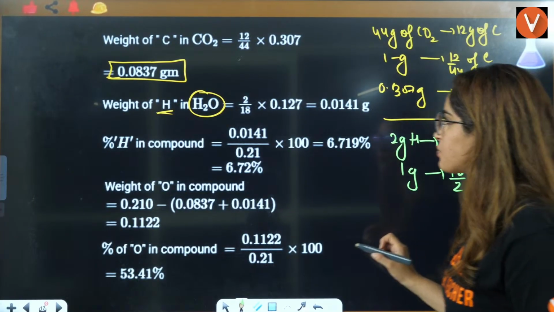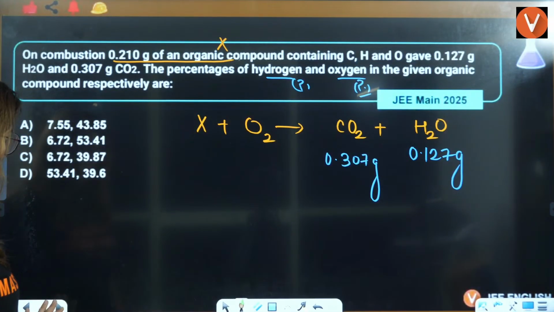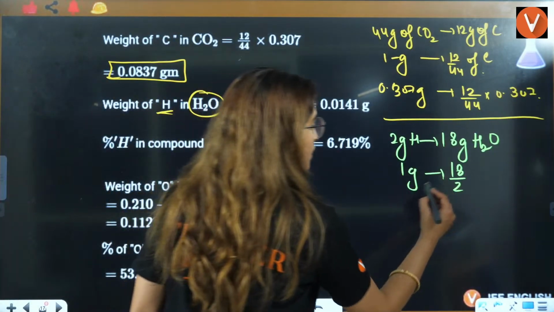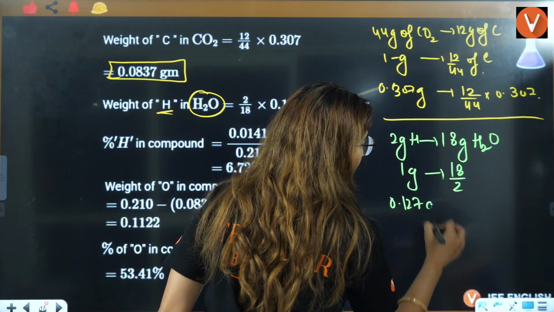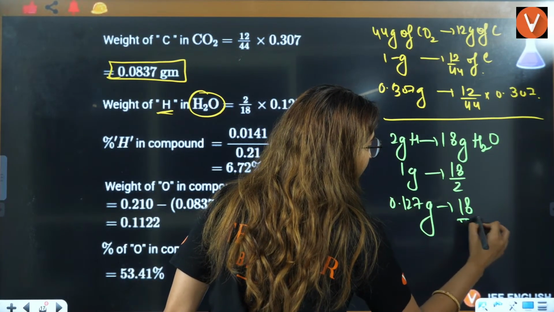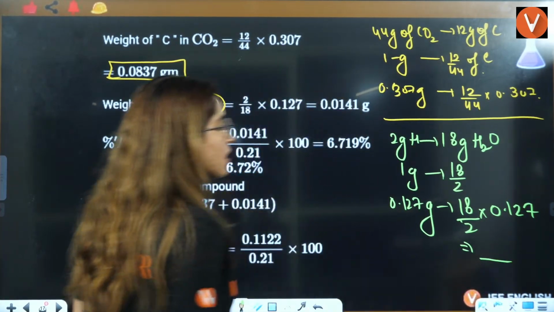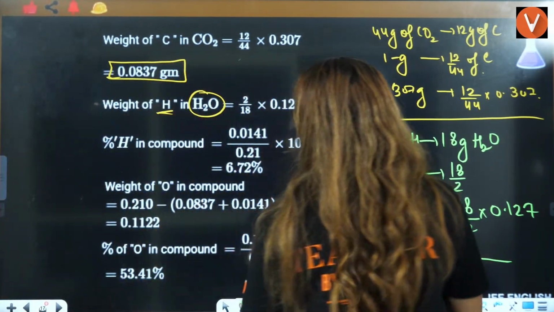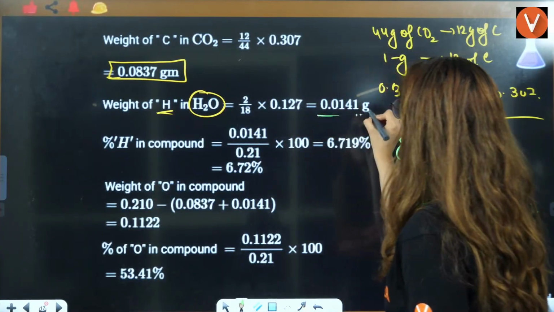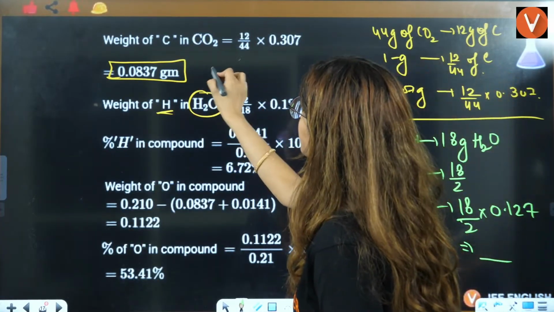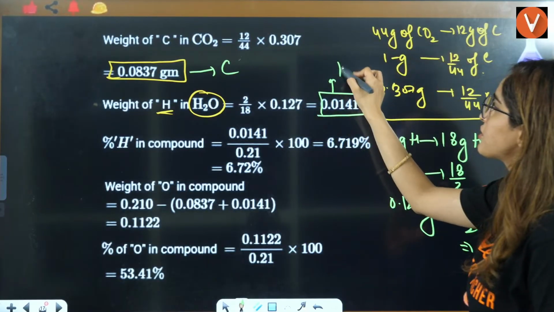And water is given to be 0.127. So 0.127 gram will have 18 by 2 multiplied by 0.127. That's how you have your answer: this much of carbon is there, this much of hydrogen is there.